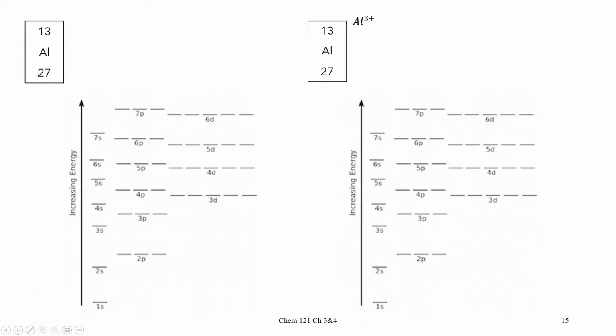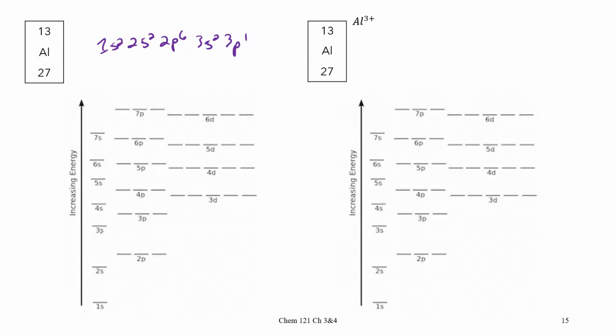So let's look at aluminum, 13. We know our electron configuration for aluminum would be 1s2, 2s2, 2p6, 3s2, 3p1.